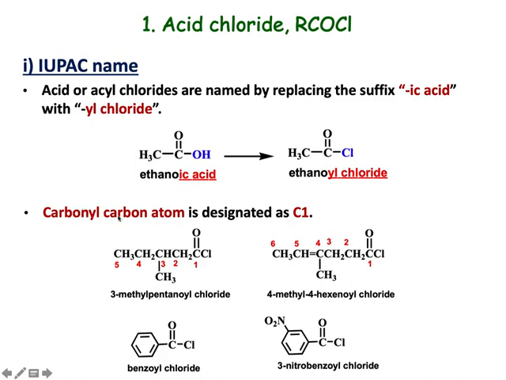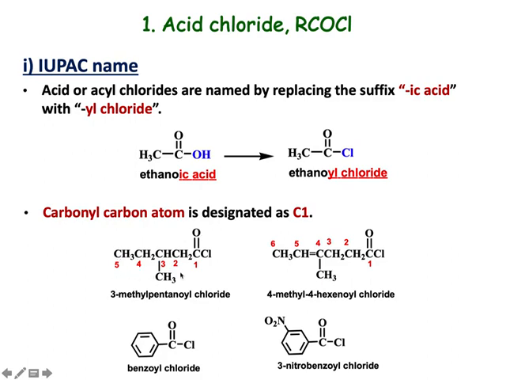So the carbonyl carbon atom is designated as C1. For this case, acid chloride, the carbonyl carbon is designated as C1. Look at the carbonyl group in the acid chloride.